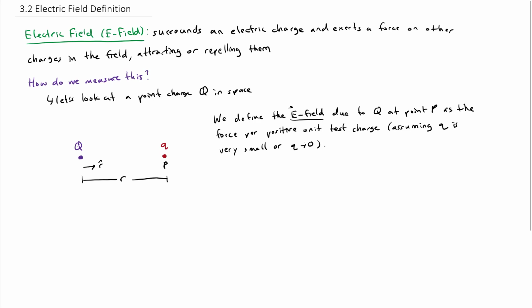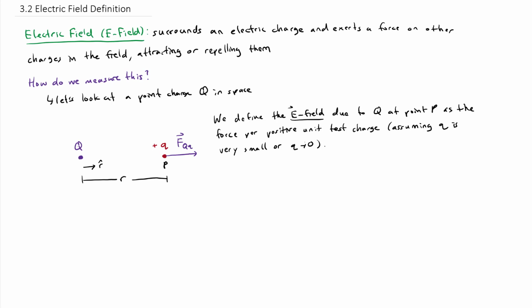So this electric field, in order to calculate it, I know that I need to still be able to draw out some electrostatic force happening at point P. So if I have this point charge Q in space, a distance r away from little q, then little q, because it's always positive, just so that we can compare different things, it's going to experience a force acting from Q onto q.